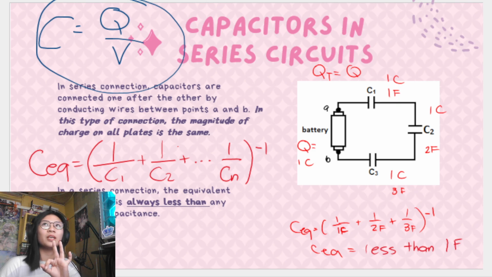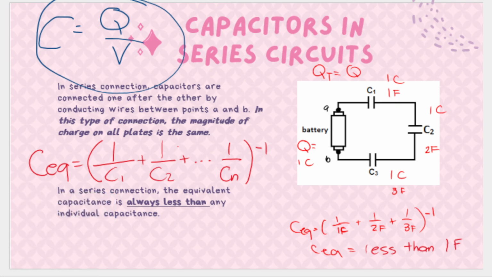So, for example, here, para makita ninyo ang full. If you are to find their total capacitance, it is what we call equivalent capacitance. So dili gyud siya total. It is what we call equivalent capacitance, or the CEQ.